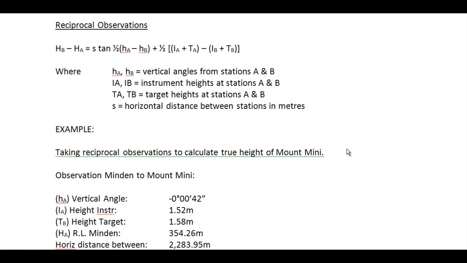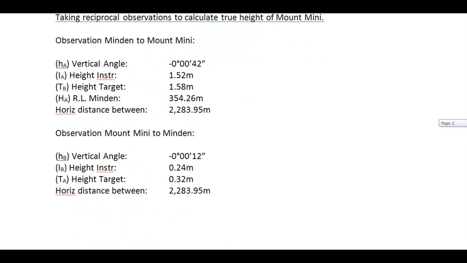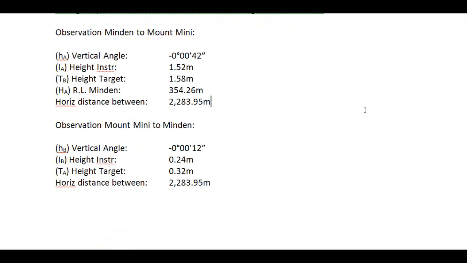So just using our previous example, taking reciprocal observations to calculate the true height of Mount Minnie, the observation that we have from Minden to Mount Minnie remains the same.